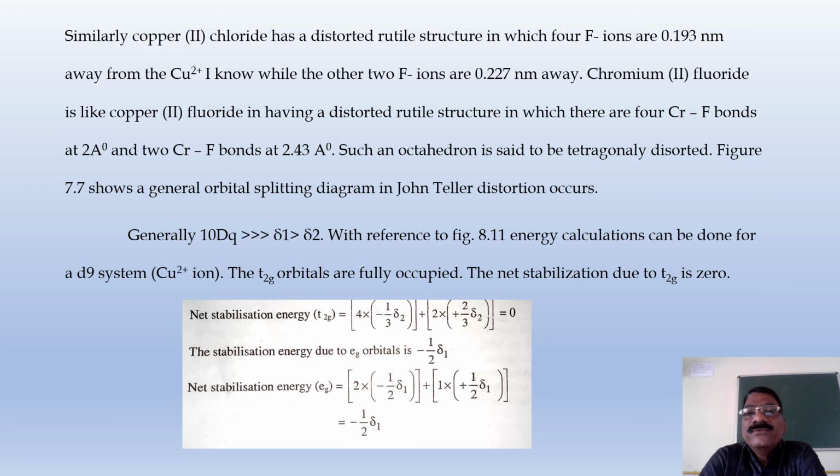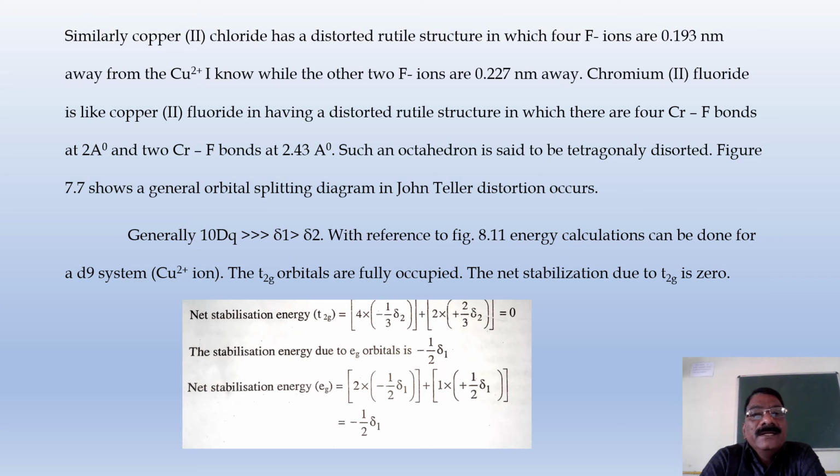Chromium second fluoride is like copper second fluoride, having a distorted rutile structure in which there are 4 Cr-F bonds at 2 angstrom units and 2 Cr-F bonds at 2.43 angstrom units. Such an octahedron is said to be tetragonally distorted.